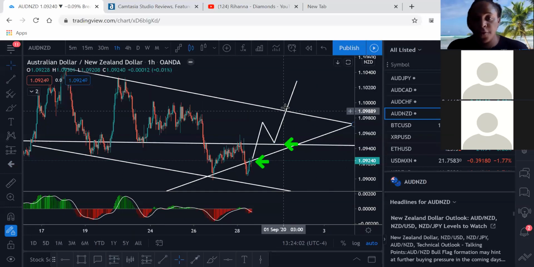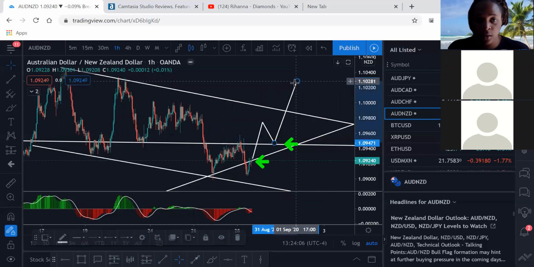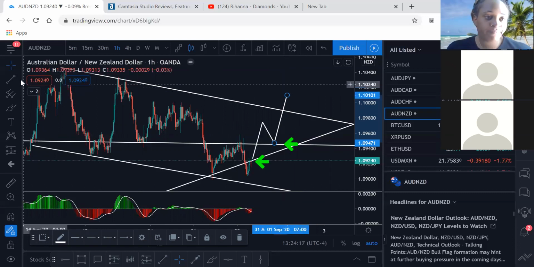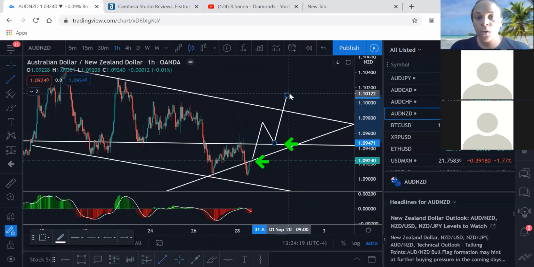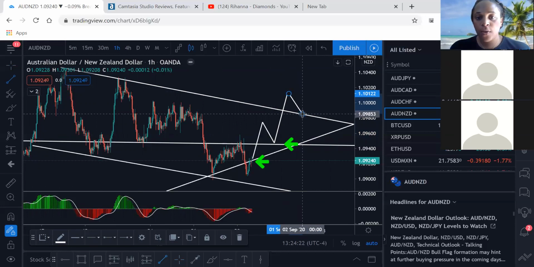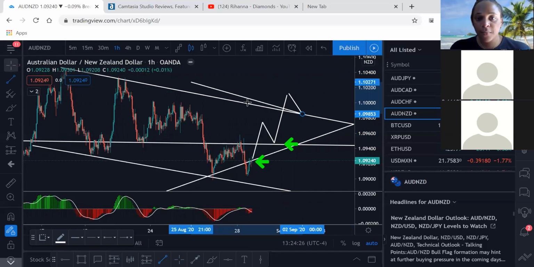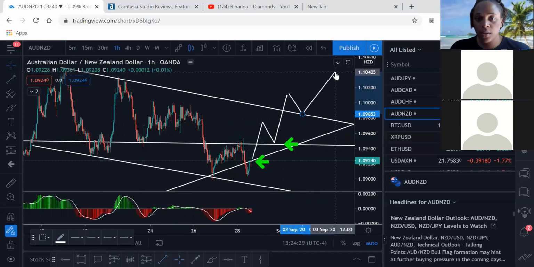Wait for it to break out again, come back and retest, and I will look for another entry here as it tests my trend line. And that's the beginning of the formation of a head and shoulders.